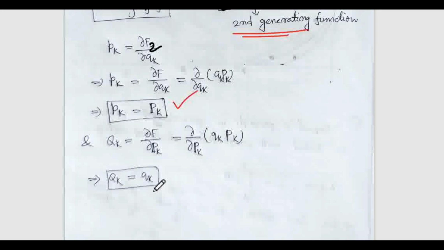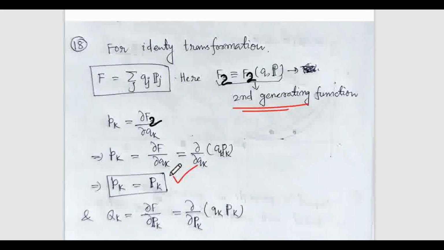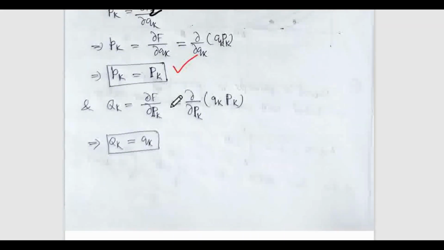So this type of transformation is known as identity transformation, and this is followed only when the generating function is F2, a function of small q and capital P.